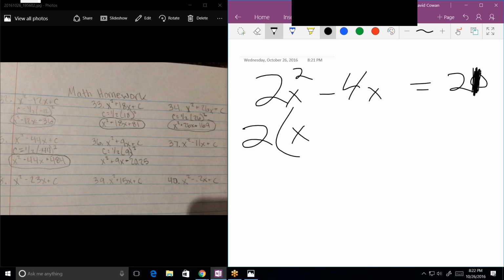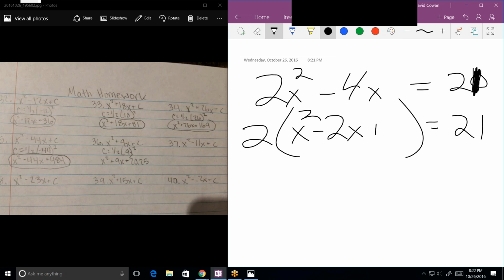Leaving that, correct? Still not changed anything. Now complete the square, and what do I add right here? Cut 2 in half and square it, so just 1.